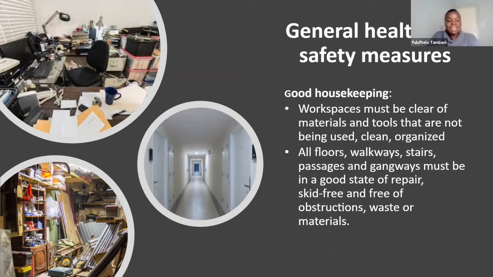So keep it clean and organized, not the picture on the top far left. That's not how your workspace is supposed to be. I know it can be difficult to do this, but when you do it, it's going to mitigate some of those dangers.